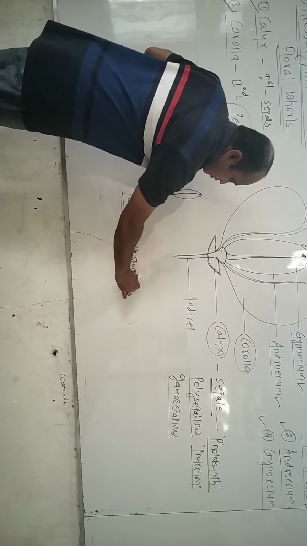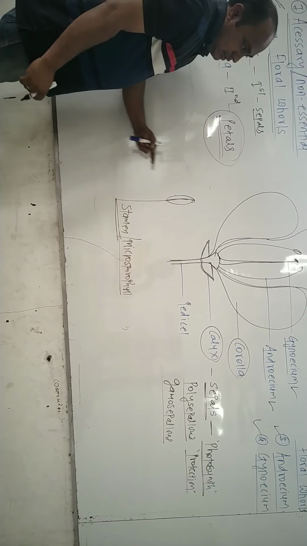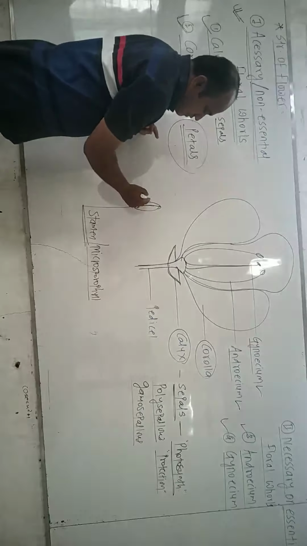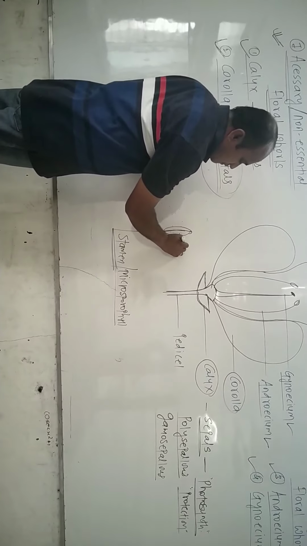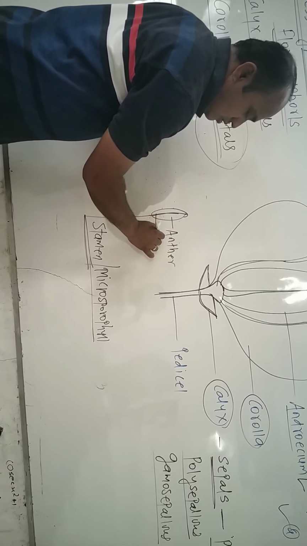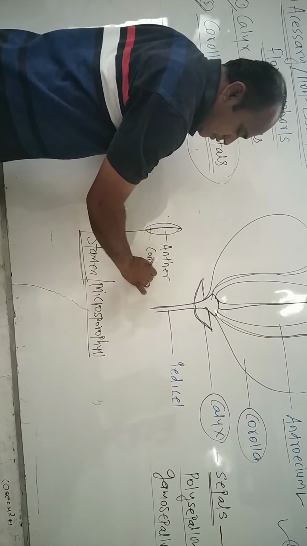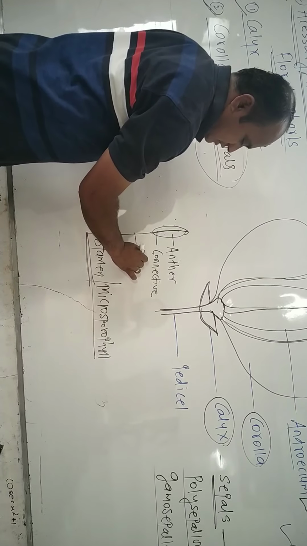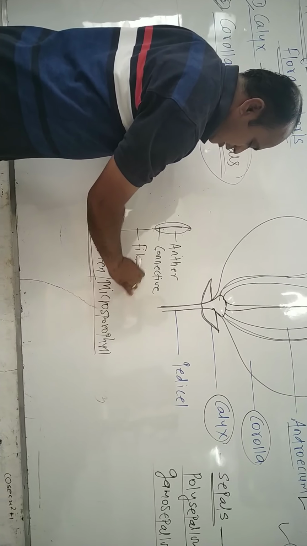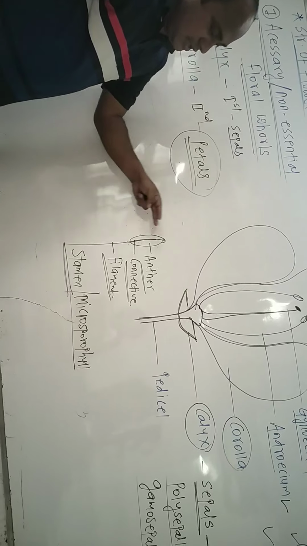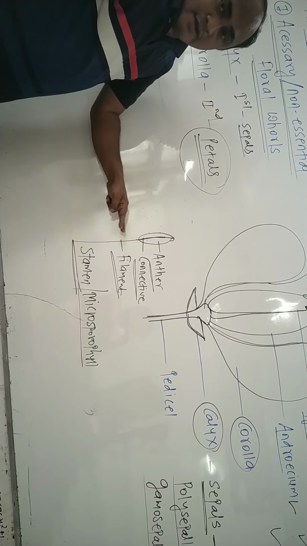Stamen or microsporophyll. The typical stamen is divided into three parts. The first part, the upper fertile part, is called anther. The second part is called connective, and the last one is called the filament.